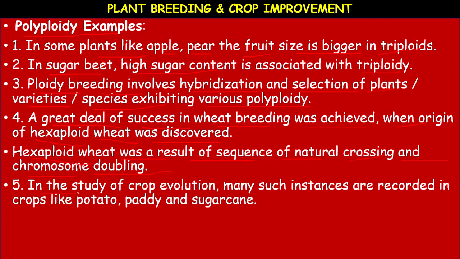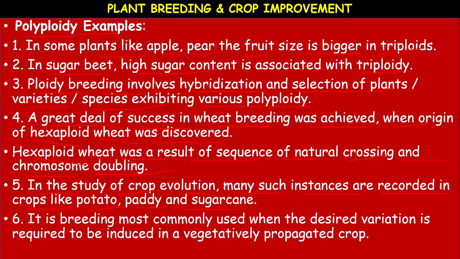In the study of crop evolution, many such instances are recorded in crops like potato, paddy and sugarcane. Polyploidy breeding is most commonly used when the desired variation, meaning whatever good quality you want, is required to be induced in a vegetatively propagated crop.